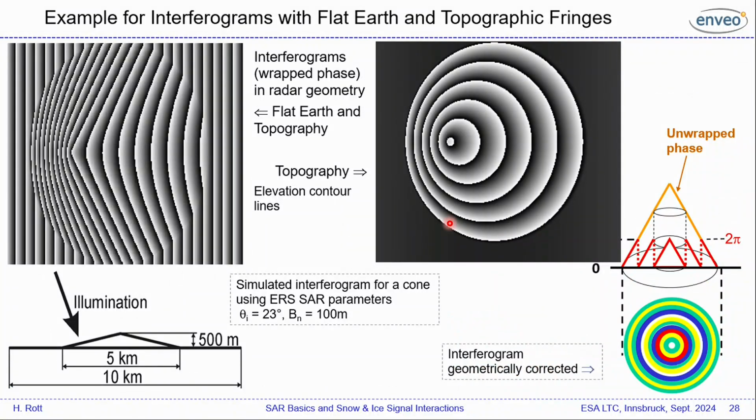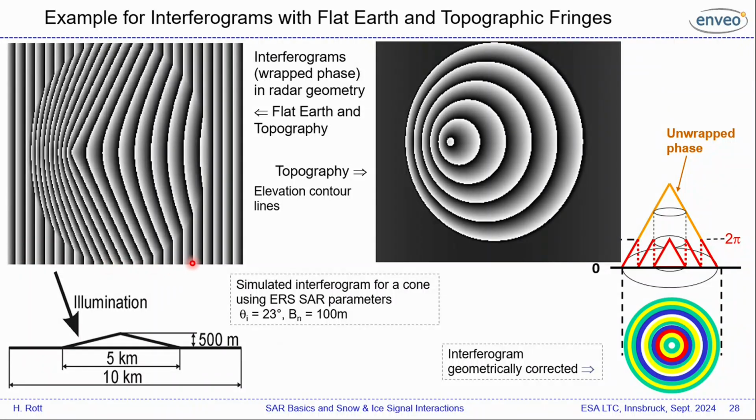Now, I did this simulation for a slope, a very simple cone, only 500 meters high, 5 kilometers, rather flat. At least if you look at this mountain, it's very flat. This is a simulated interferogram with ERS. It's quite close to nadir with a baseline of 100 meters.